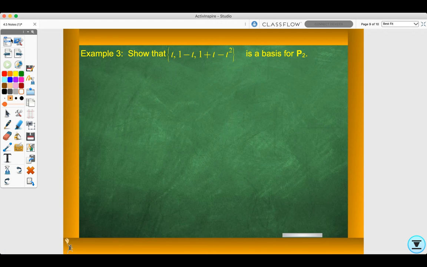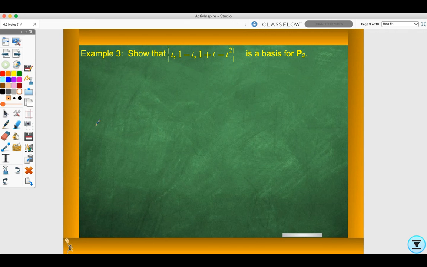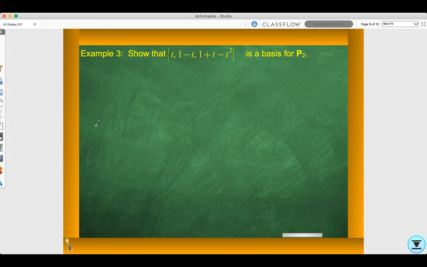Example 3, show that t, 1 minus t, 1 plus t minus t squared is a basis for P2.